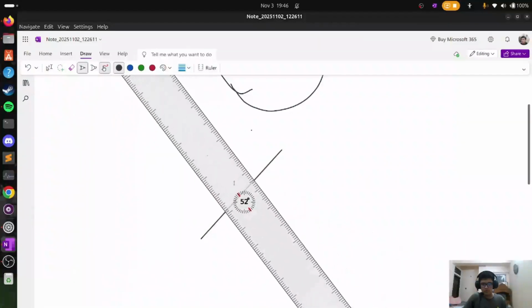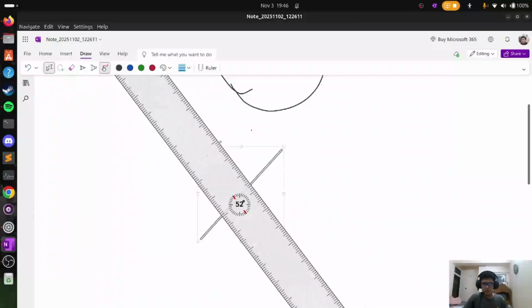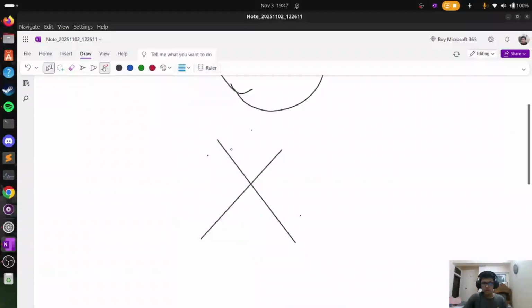So if I just put it here, okay, nice. I guess no more ruler needed. So I want to draw an n-sided polygon here. The vertex will connect here. This one gets connected here. Another vertex connected here.